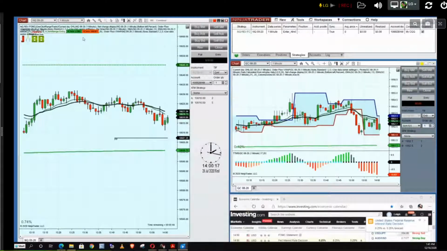So what do you do in July? Do you wait till it gets all the way up to the high of the day? Do you take the PP for a long? This is not an easy one because the levels are sort of in the middle of nowhere. Now that's a pretty good move. I would probably, you probably should have taken that. Probably should have taken that.